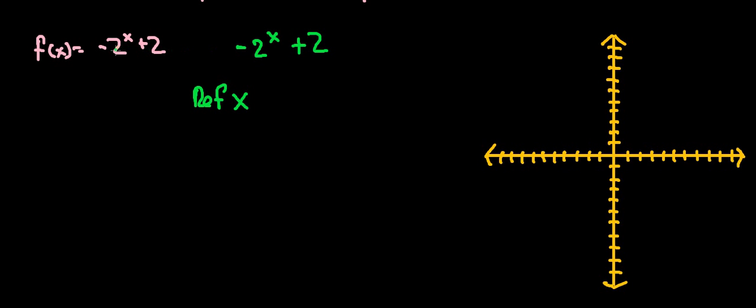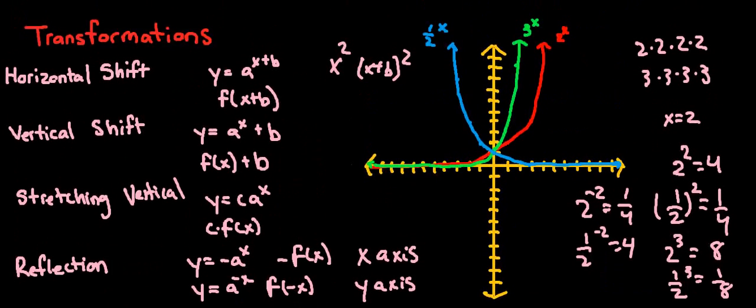So whatever y value I get from just plain 2 to the x, there's going to be 2 thrown on top of that, which is going to be a vertical shift of 2. So to forget about the minus 2x first, if it was just 2 to the x plus 2, it would be this graph, the same as this, but with an additional 2.